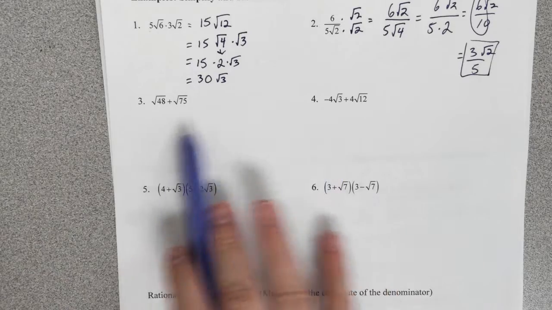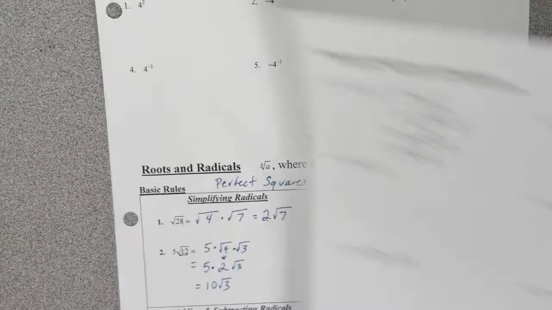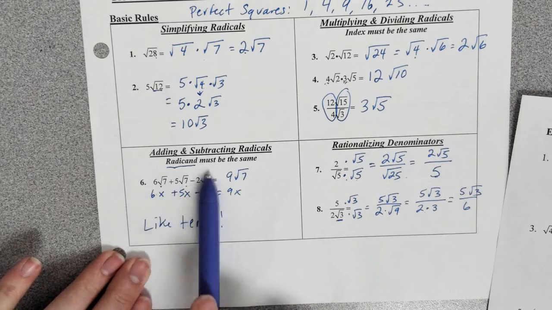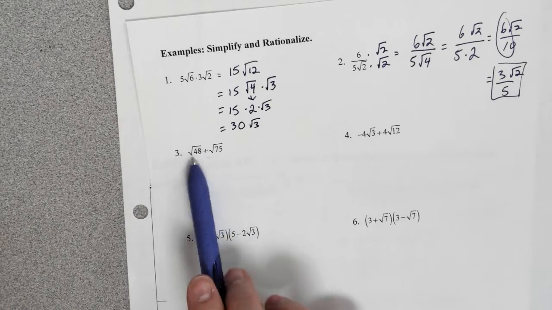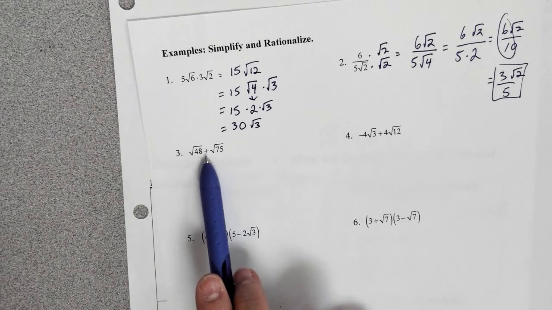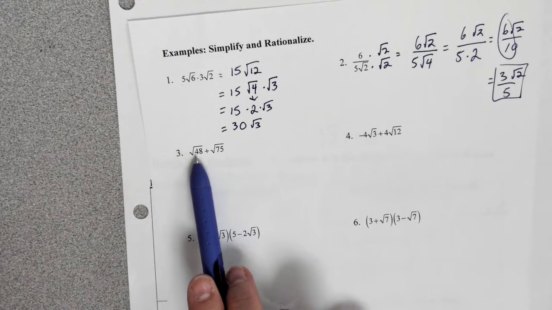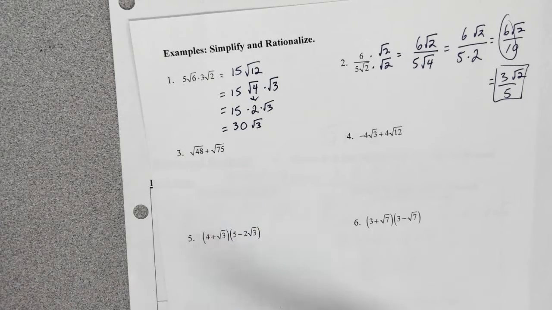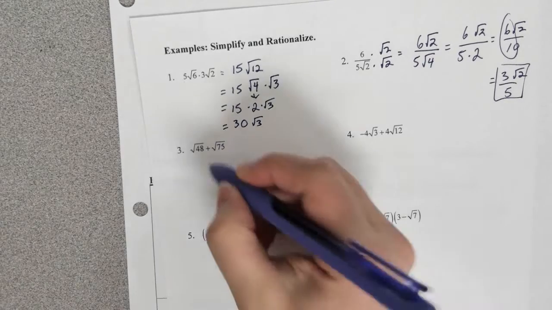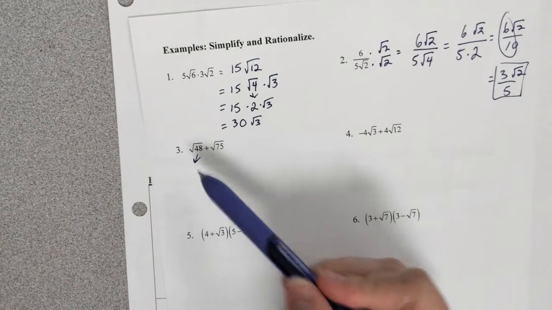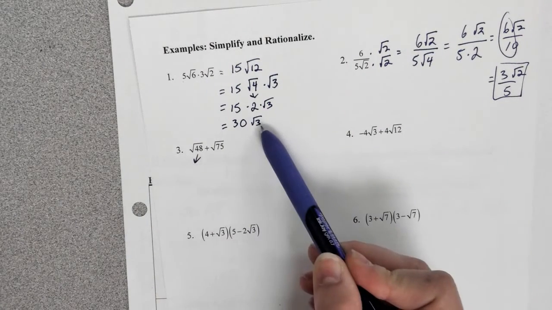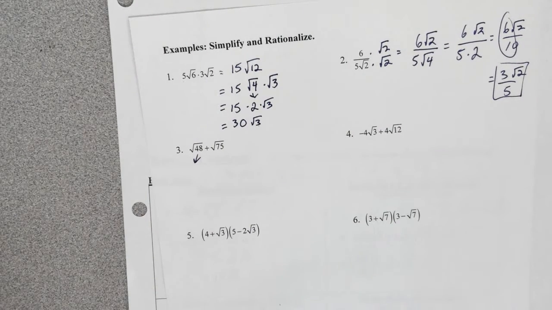All right, on these next 2 examples, these next 2 remind us we have to think back to how we add and subtract radicals, where the radicand must be the same. So right now, I am not able to just add up 48 and 75 because I'm adding these radicals. I have to have the same number under the radical in order to do that. So the only way I'm going to be able to achieve that is if I can potentially simplify this until the radicals match up.